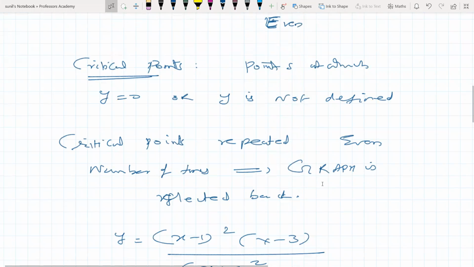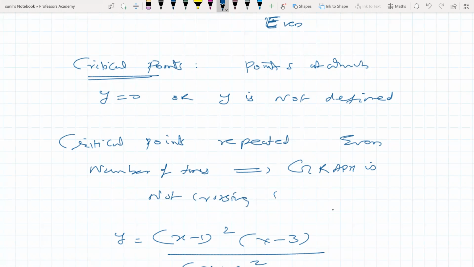Whenever the critical points are repeated an even number of times, the graph is reflected back, or the graph will not cross the number line.